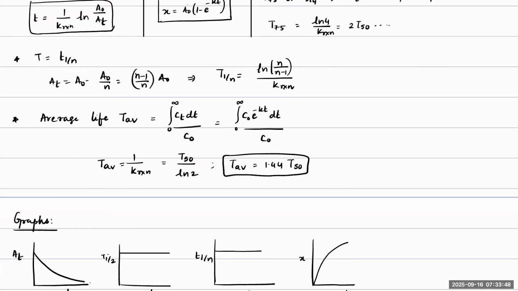If I add all of them, like from 0 to infinity, that divided by the original amount of concentration, that means you are averaging it out, isn't it? So as you average out, this Ct can be written as this one into dt. Now if you integrate it, this value turns out to be 1 by K of the reaction.